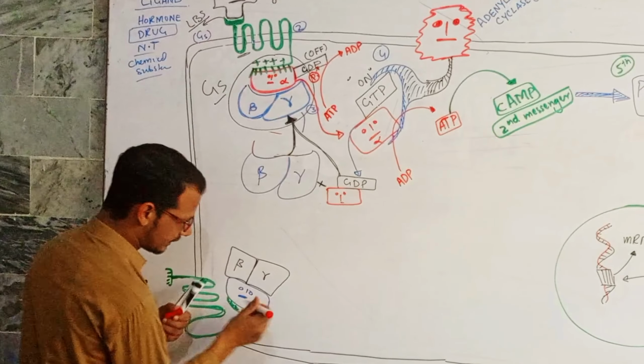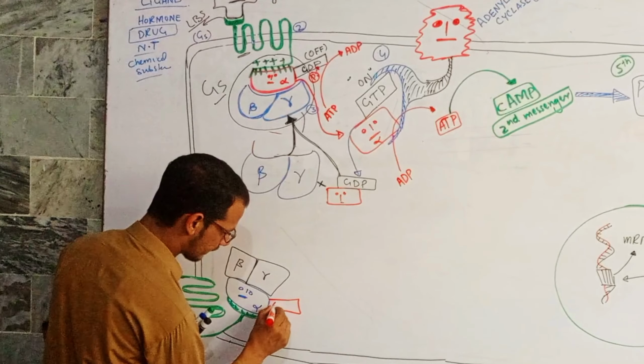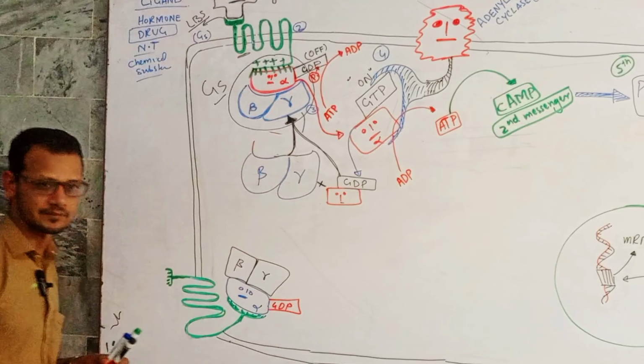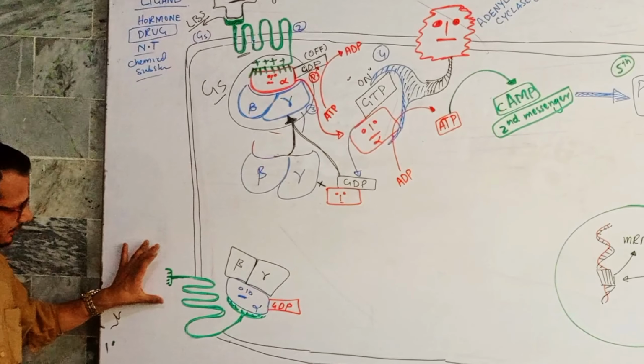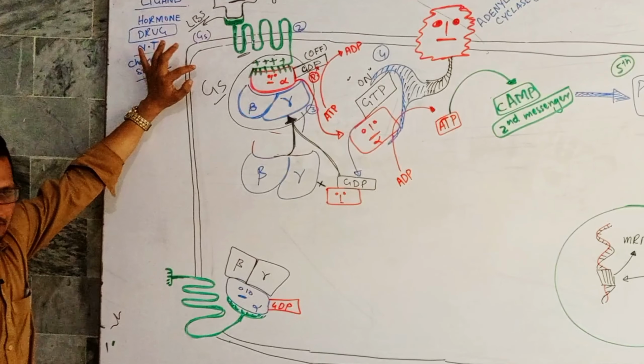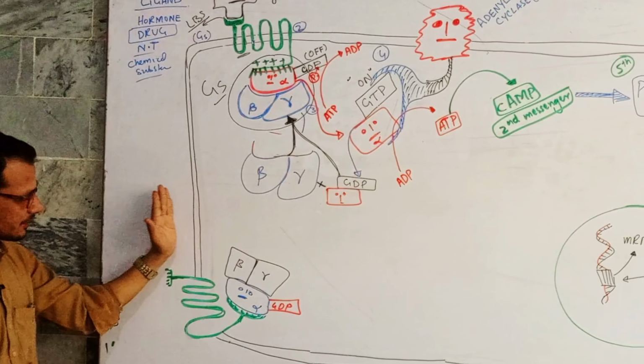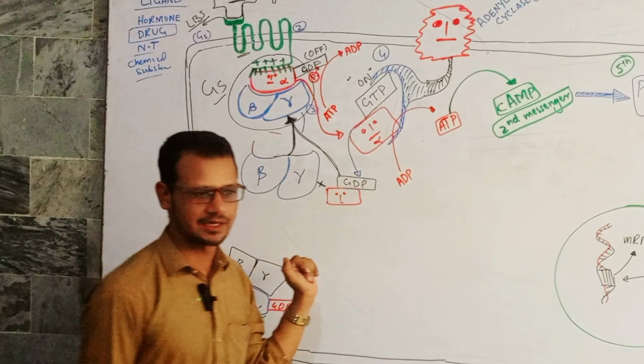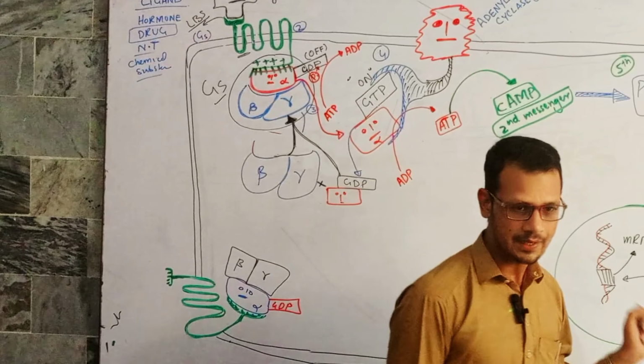And GDP is attached with the alpha unit, right? But the mechanism of this receptor is different from GS, because we have a very special enzyme present in this cell membrane called phospholipase.